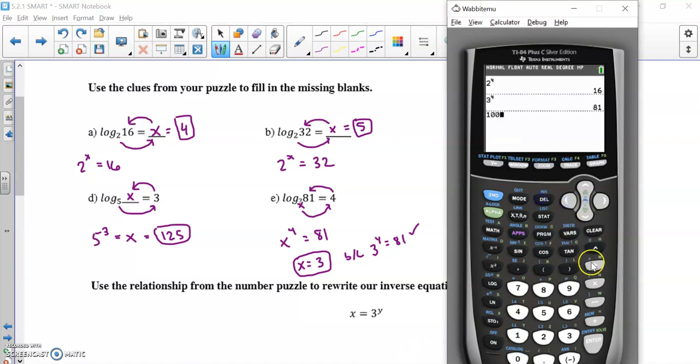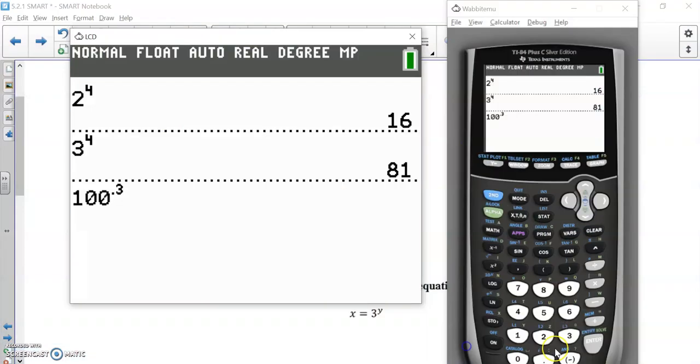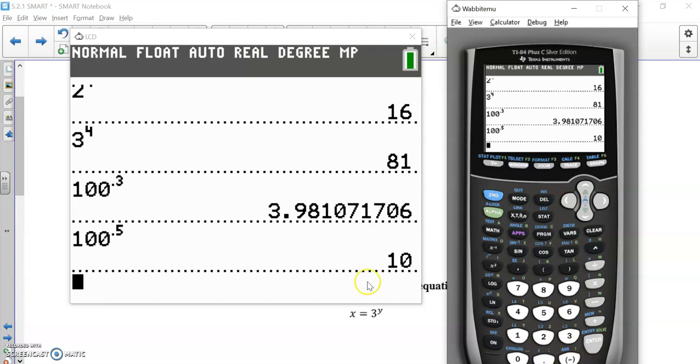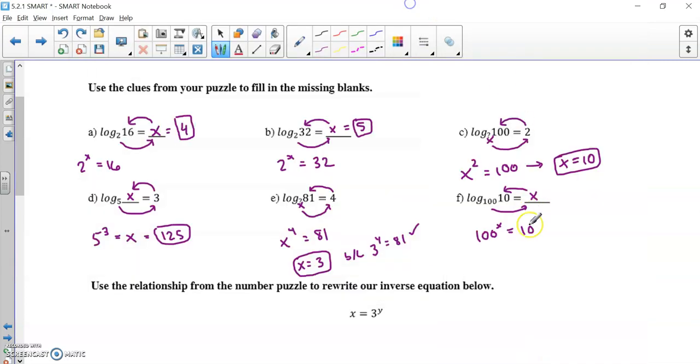Let's say if we raised it to the 0.3. That's too small, so let's try 0.5. And sure enough, that's the 10 we wanted. So 0.5 is our answer here.